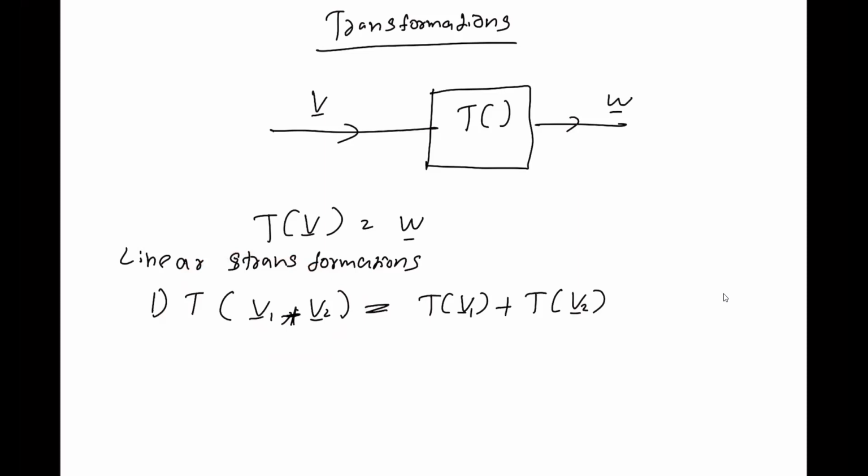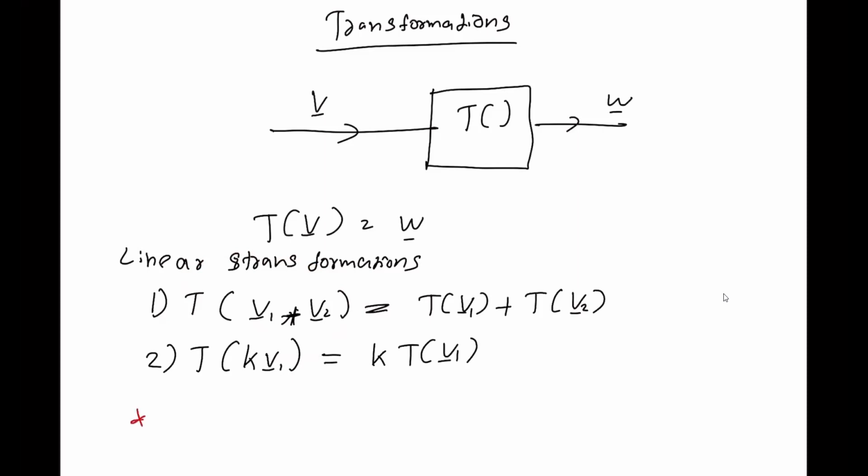Okay. Then the other condition is, if you multiply some scalar with your vector V1 and take the transformation, it should be equivalent to the scalar times T(V1). It means you should be able to take your constants out of the transformation.